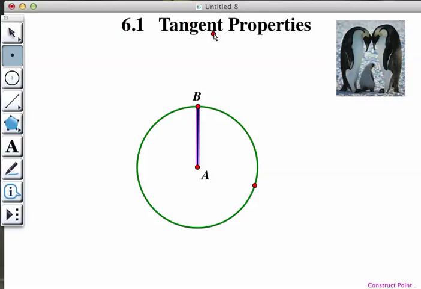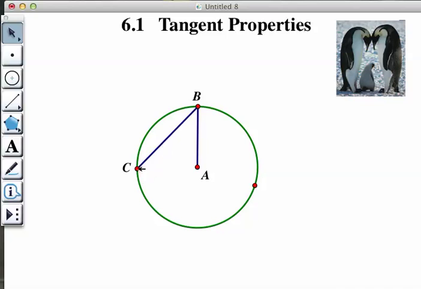Now in order to talk about tangent properties, we have to have a tangent line. But I'm going to start with this first. Hopefully you guys remember that's called a chord. I've got chord BC. Now one of the things that we didn't introduce in the terms and definitions in our review is the idea of a secant line.